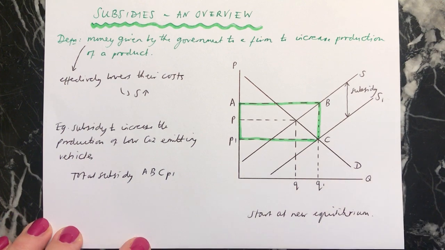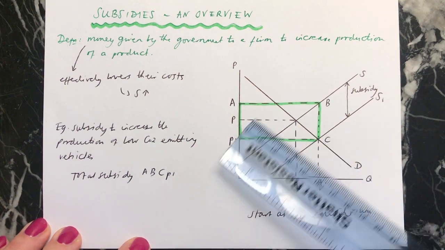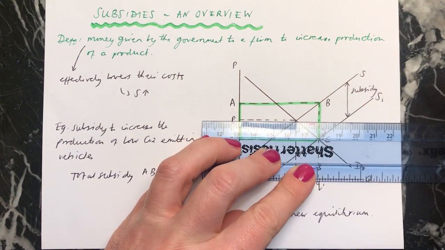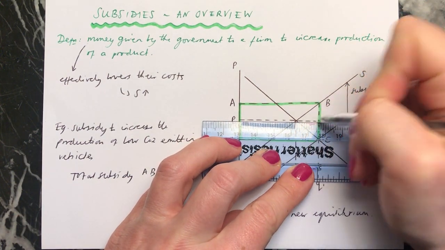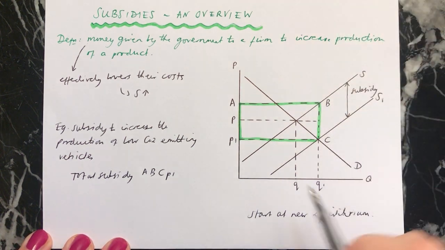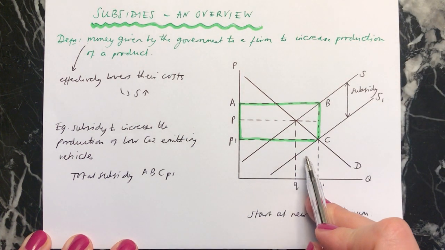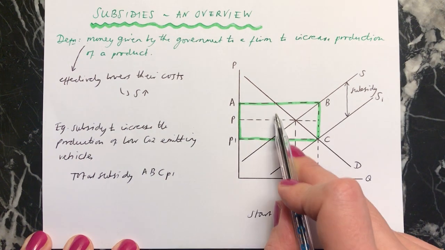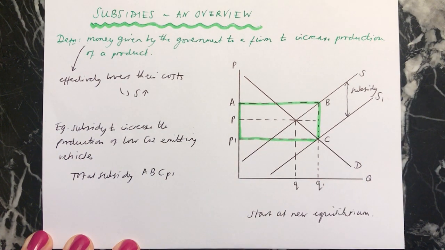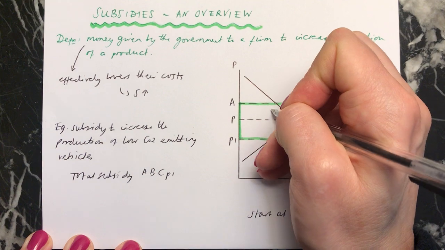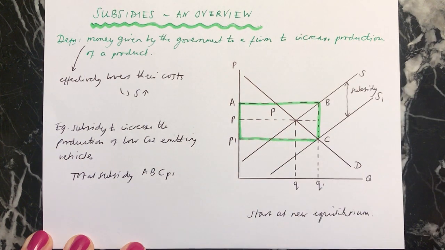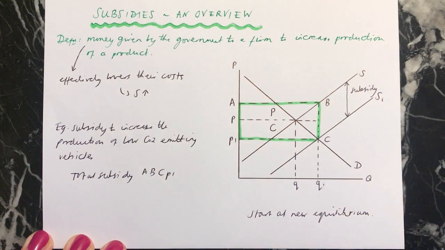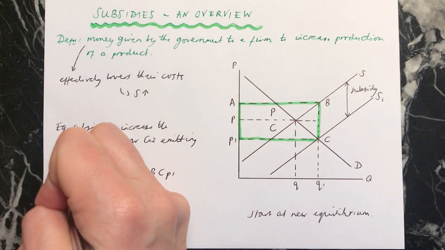Just like with a tax, you can divide this large box using the old equilibrium. The old equilibrium is here. If you bring it across, you can split this rectangle in two. We're learning about subsidies second, so we're going to swap round our top and bottom box letters from the taxes. Now the top box is the subsidy received by producers, and the bottom box is the subsidy received by consumers.